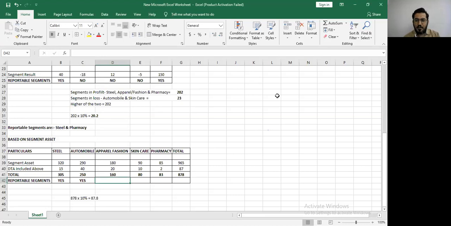What about apparel fashion? Are separate disclosures required for apparel fashion? Of course, 87.8 is your criteria, but you have 160. So separate disclosures are required for apparel fashion.